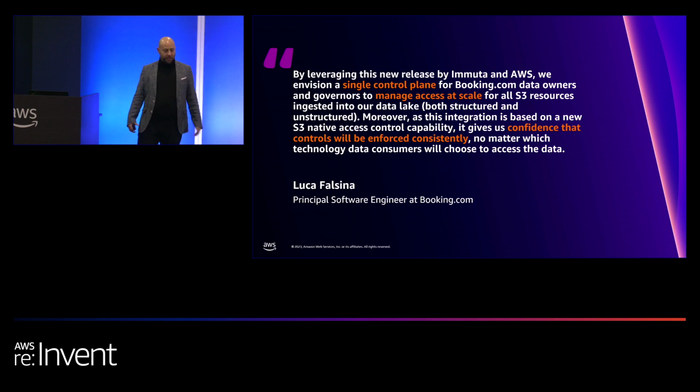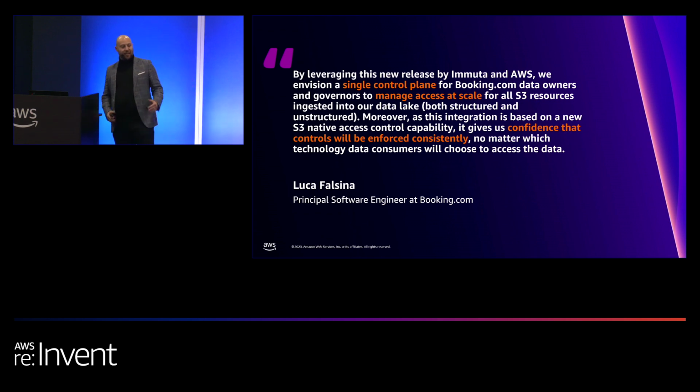And moreover, as the integration is based on native S3 access control capability, they said it gives them confidence that the controls will be enforced consistently. Also, the fact that it's native access means there's no agent and no proxy sitting in front of the data access to protect it. So you can think of Immuta as a control plane orchestrator.